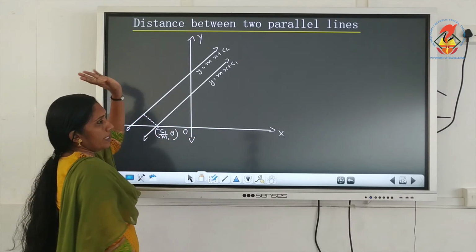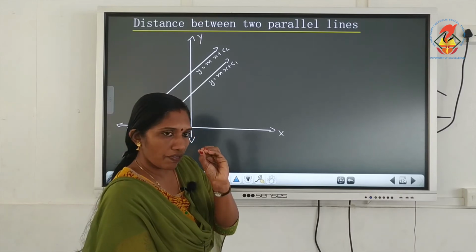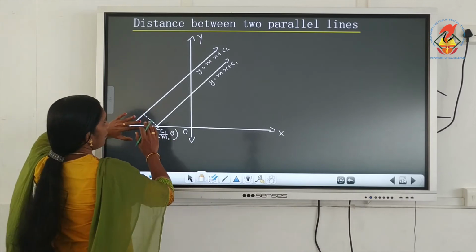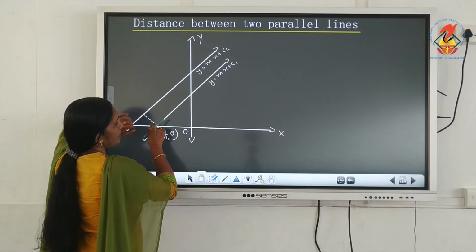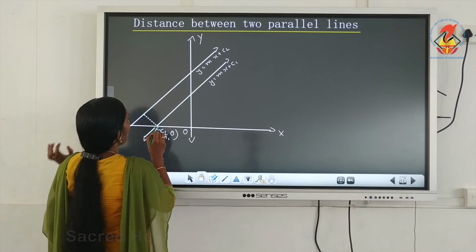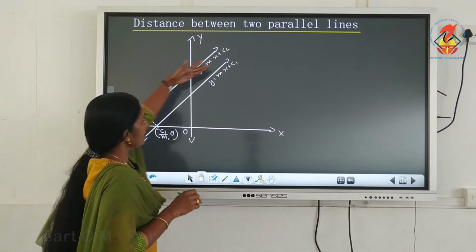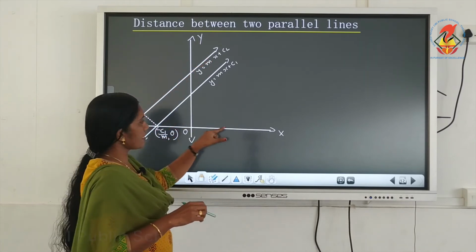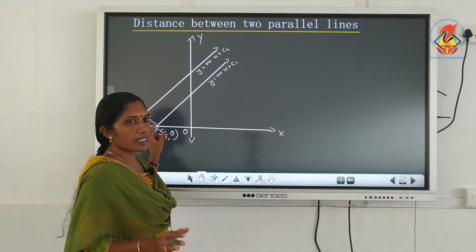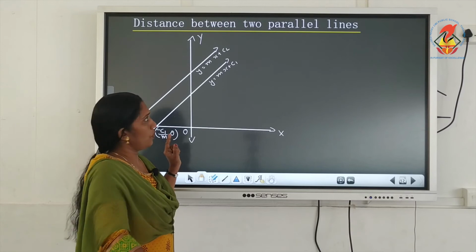In the last part, we saw the distance from a point to a line. So here, if we get a point on this line, then we can use that formula. The point on this line is where the line intersects the x-axis. When a line cuts the x-axis, that point is on the x-axis, so the y coordinate is 0.